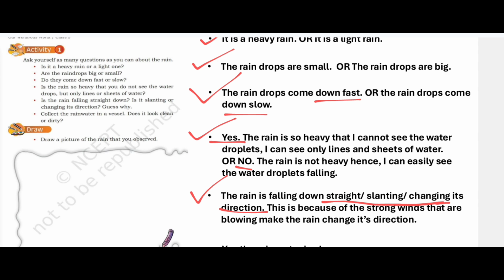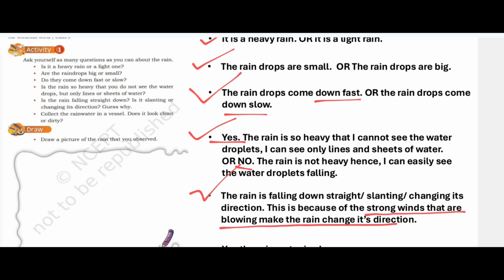You're supposed to write either one of these. This is because of the strong winds that are blowing that make the rain change its direction. So now you know why rain changes its direction. It's because of the strong winds that are blowing.